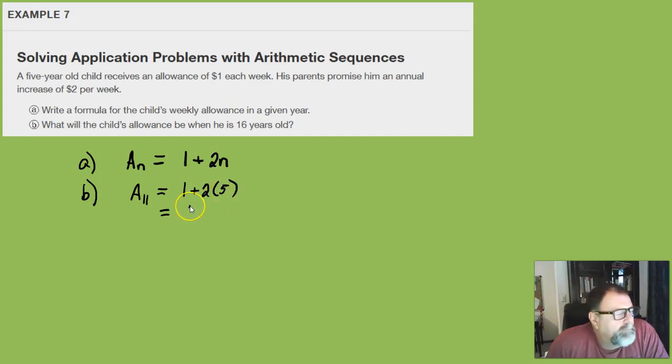Oh, I was supposed to put 11 there. Sorry about that. So that will equal 1 plus 22, which is $23. So the child's allowance will be $23 when he is 16 years old.